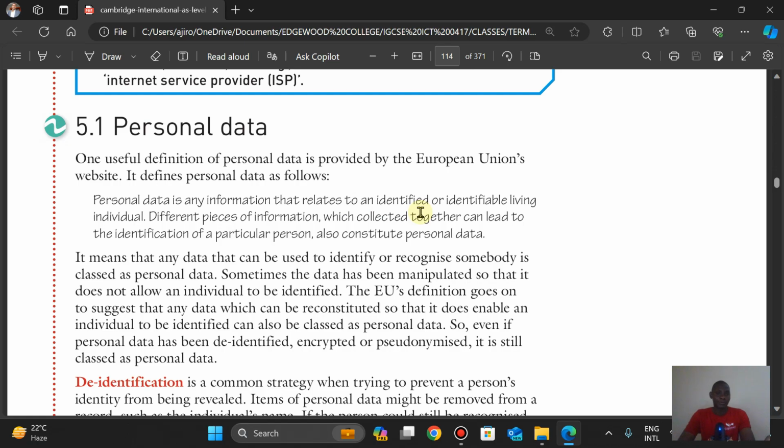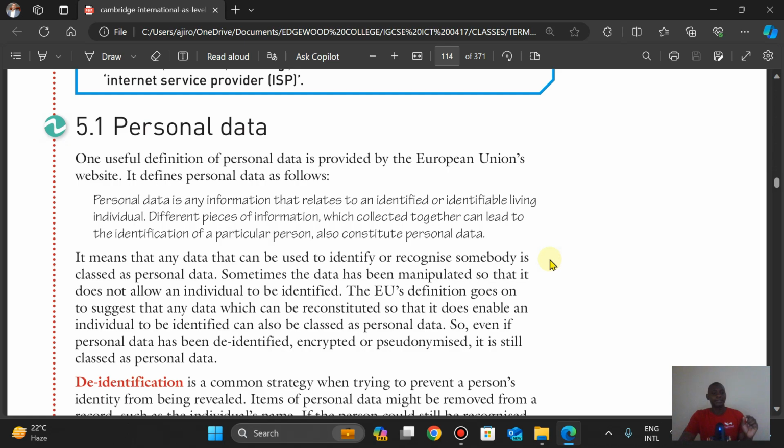It's any information that can relate to an identified individual, something that you can relate to a person that they can be identified by. There are different pieces of information which are collected together and can lead to the identification of a particular person, which we're going to see in this video.